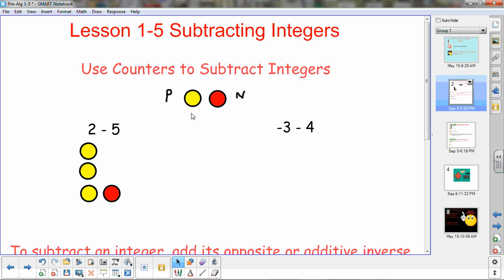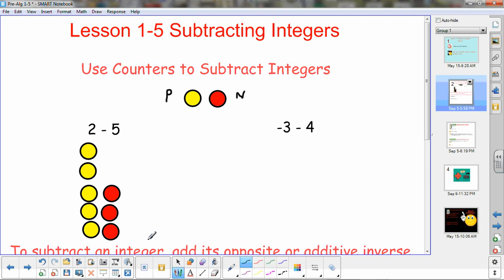So if I go ahead and add some zeros, adding 0 isn't going to change the value of what I started with. I still have 2, and these are just 0.